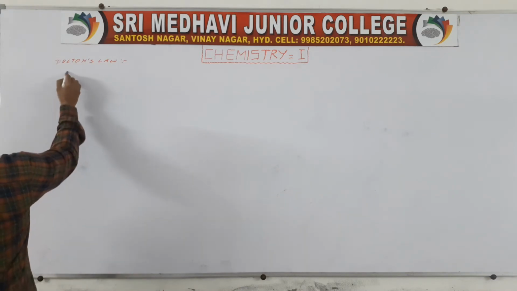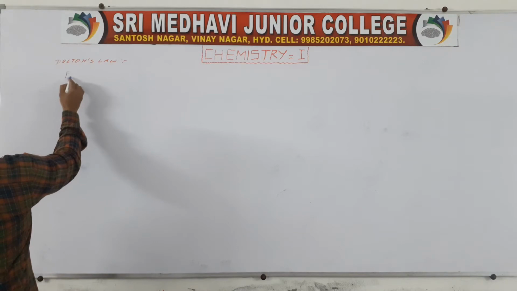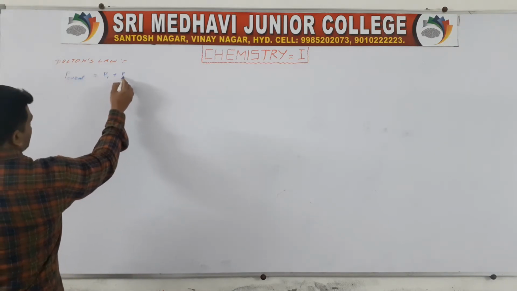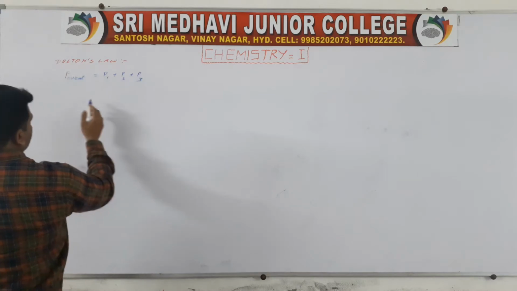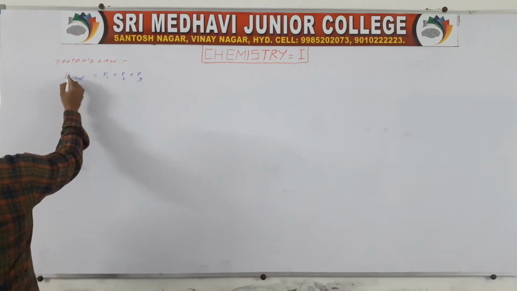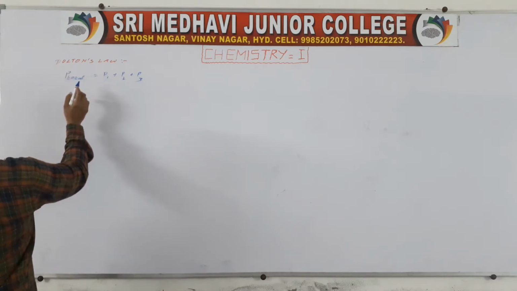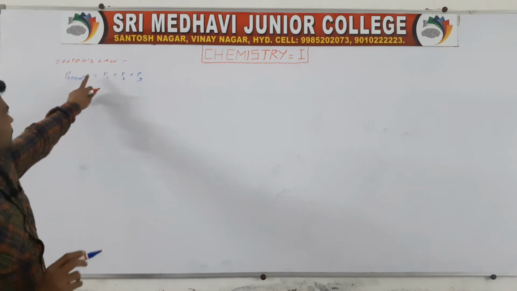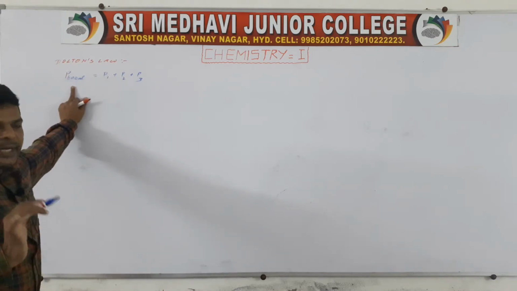Here P total equals P1 plus P2 plus P3. Then what does P total mean?